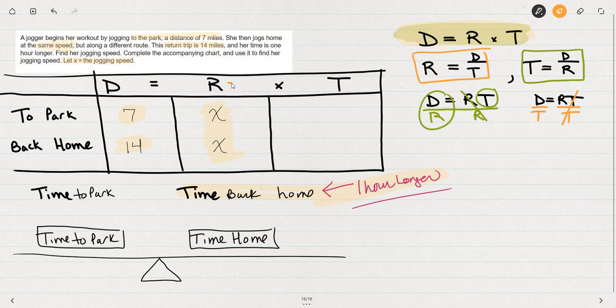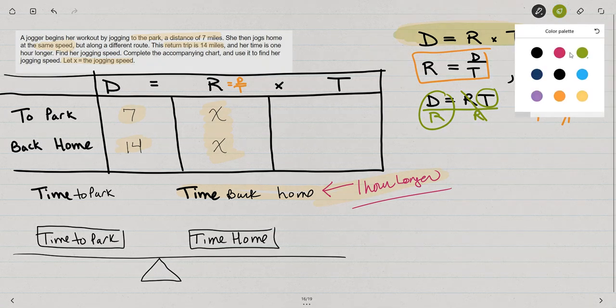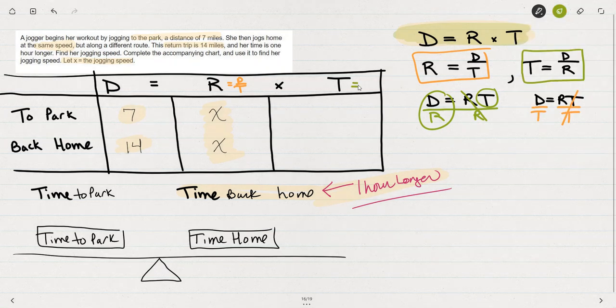So you can see how either of these formulas can be derived by dividing distance. Distance divided by rate, or distance divided by time, gives us the time or the rate.